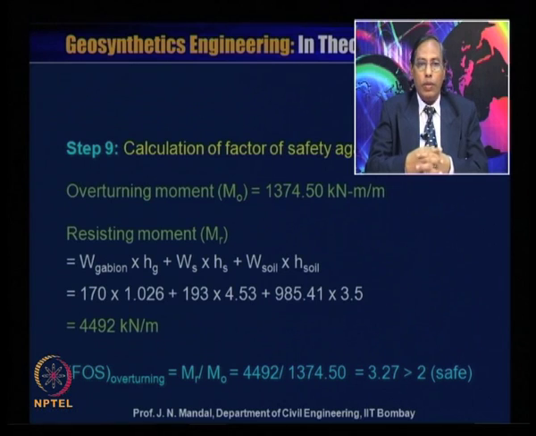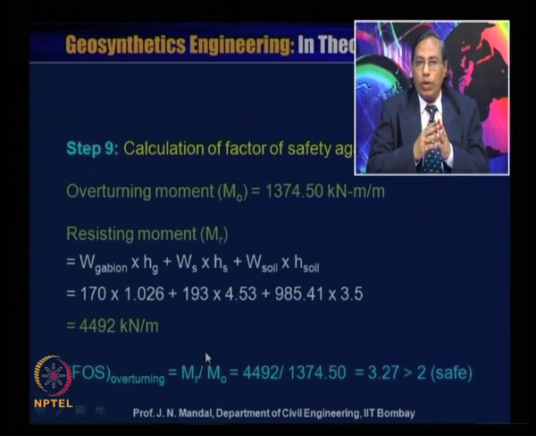That means we know that W gabion 170 into Hg we calculated 1.026 plus Ws is 193 plus Hs we calculated 4.53 and W soil is 985.41 and H soil we calculated 3.5. So it will give the resisting moment Mr is equal to 4492 kilonewton meter per meter.